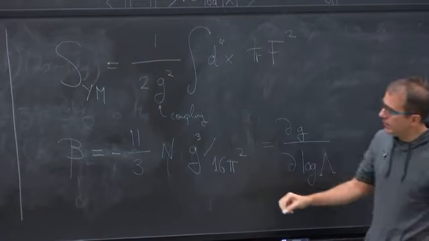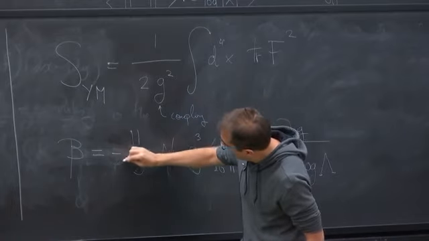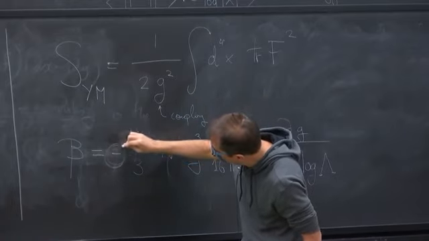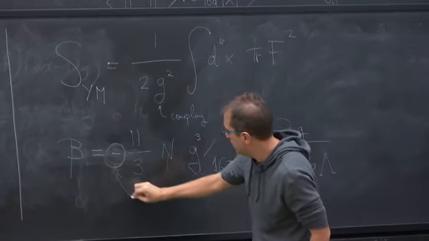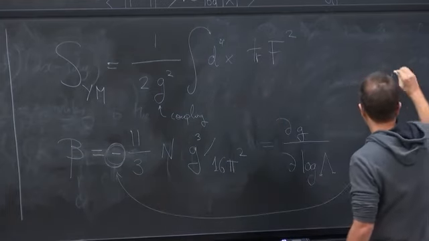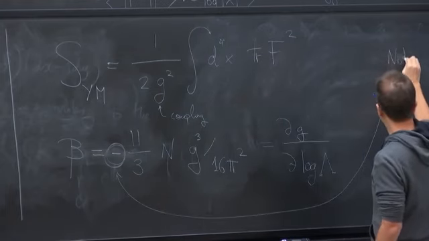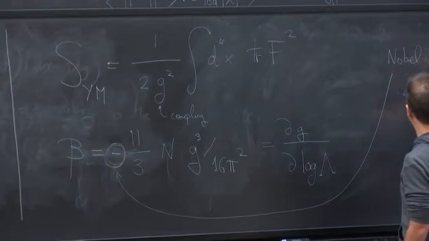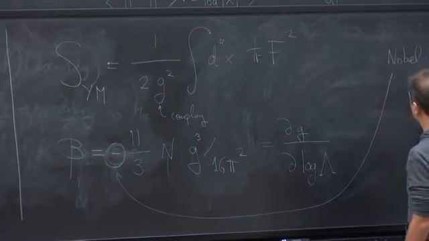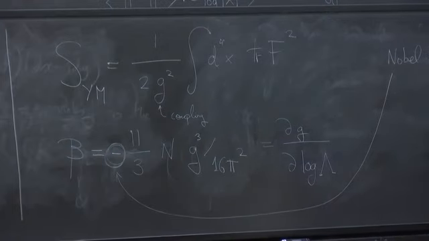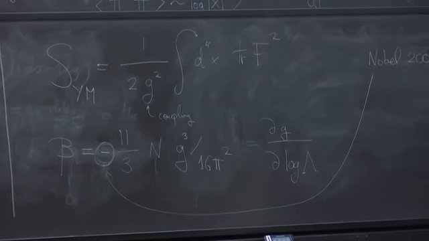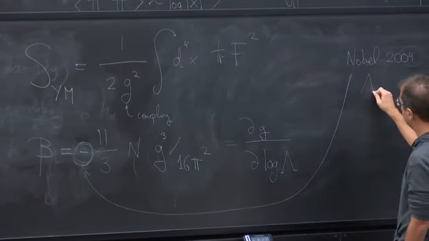And again, this minus sign is the same minus sign that we saw. This minus sign is what gave rise to the Nobel Prize of 2004 to Politzer, Gross, and Wilczek, and this is asymptotic freedom.